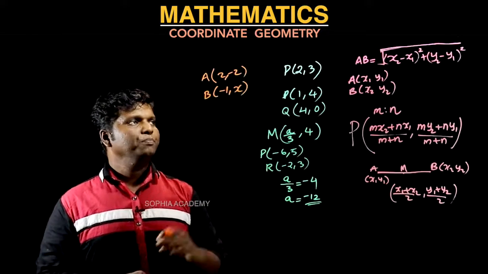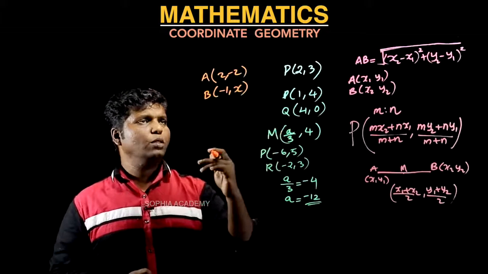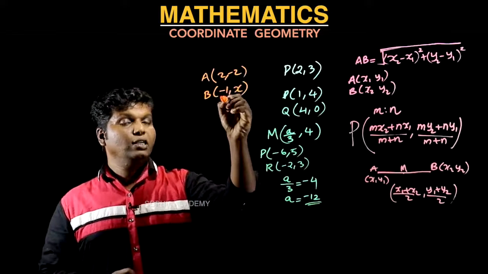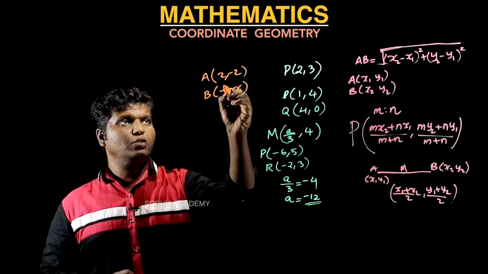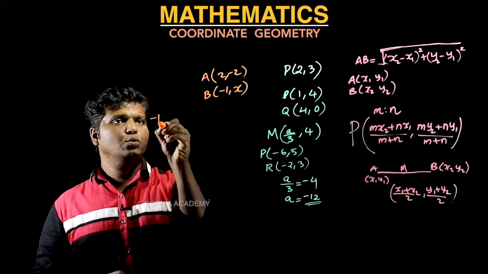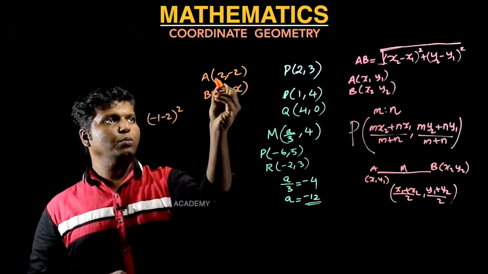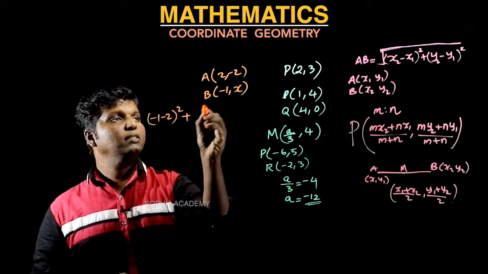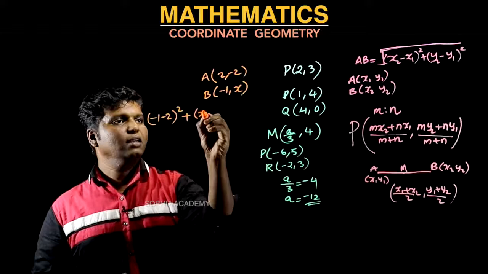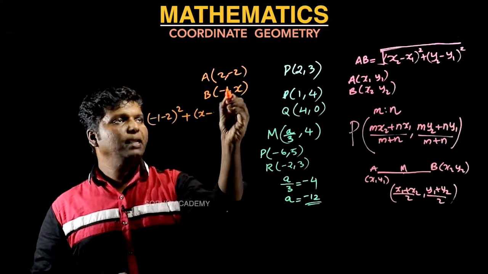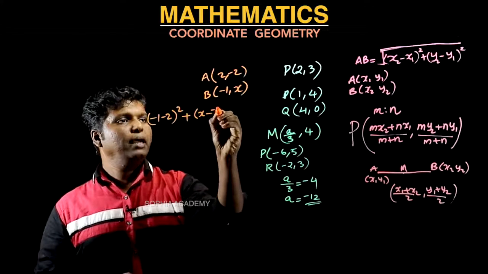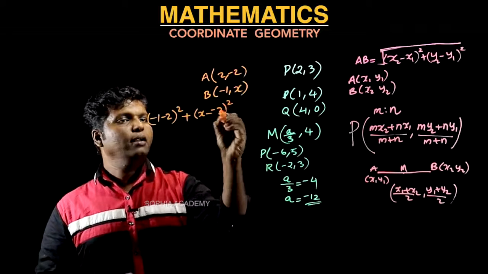So using that one, tell me x2 minus x1 the whole square. So I told you x2 minus x1, so minus 1 minus 2 the whole square, plus y2 minus y1 the whole square, where y2 is x, so x minus of minus 2 the whole square.